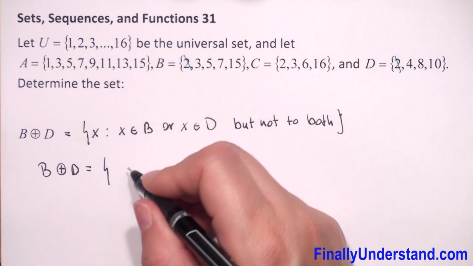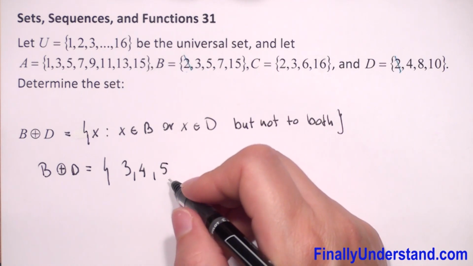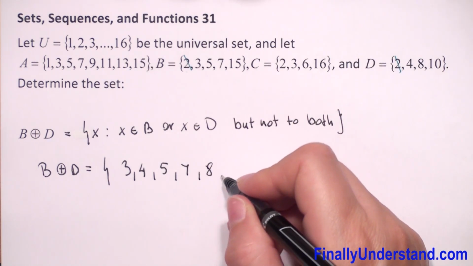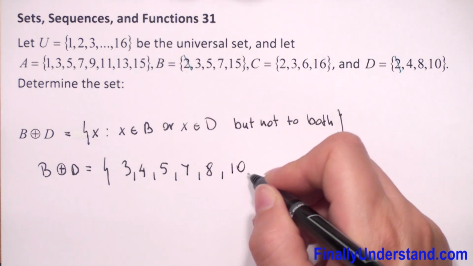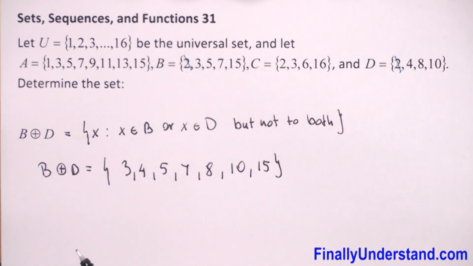So we have 3, 4, 5, 7, 8, 10, and 15. So this is the symmetric difference of sets B and D.